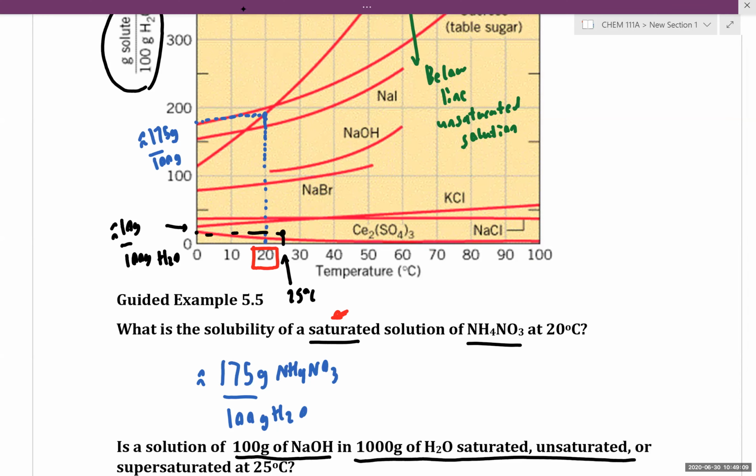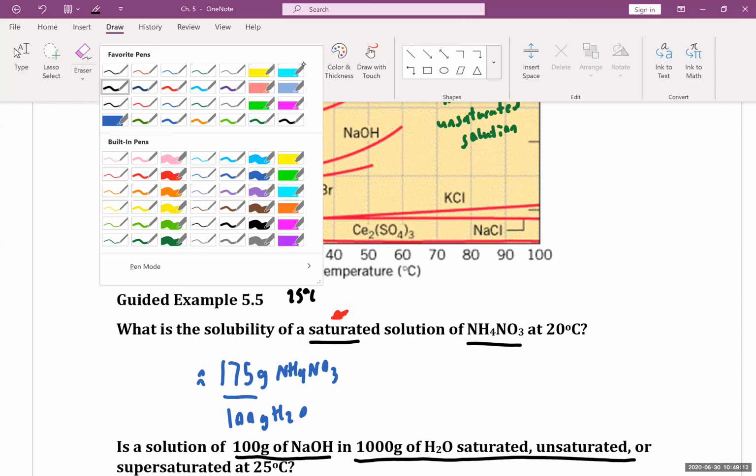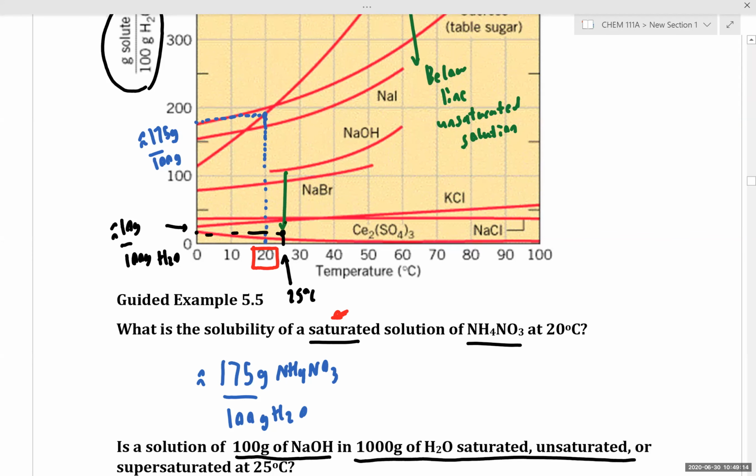And comparing to our solubility curve for sodium hydroxide, are we above or below the solubility curve line? We're below. So what do we call those solutions where we have less than the maximum amount of dissolved solute? What do we call those solutions? Saturated, unsaturated, or supersaturated?